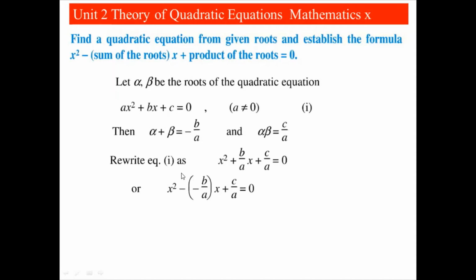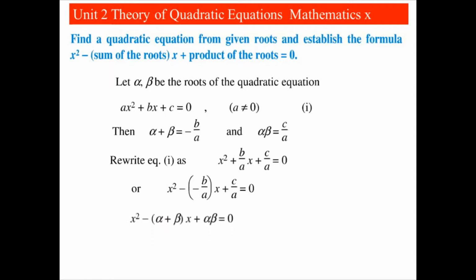Why are we writing this form? Because we know that this b by a must be equal to negative of alpha plus beta. So we need a negative sign. So we take a negative sign within the bracket and one minus outside the bracket.